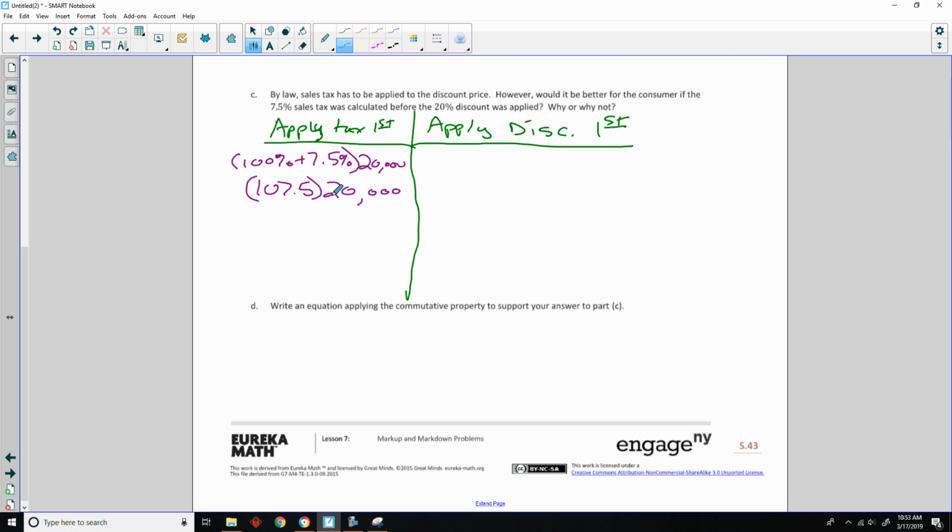So when I do that, I get 1, 2, 3, 4 zeros. 5 times 2 is 10. 7 times 2 is 14, plus 1 is 15. 2 times 1 is 2. I have one decimal place.